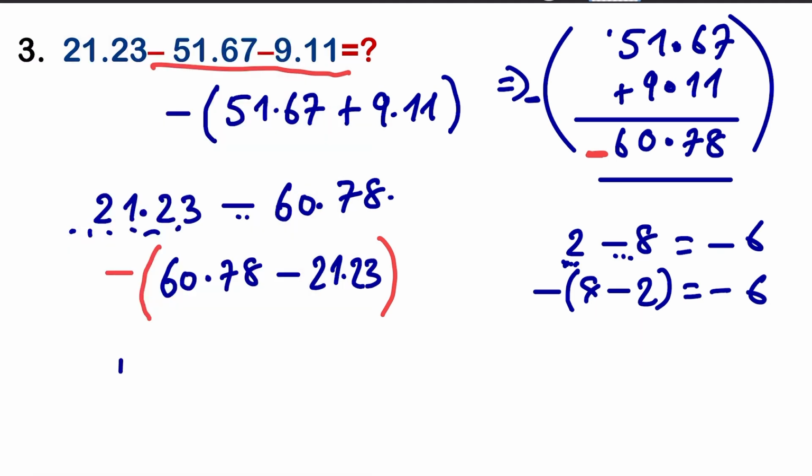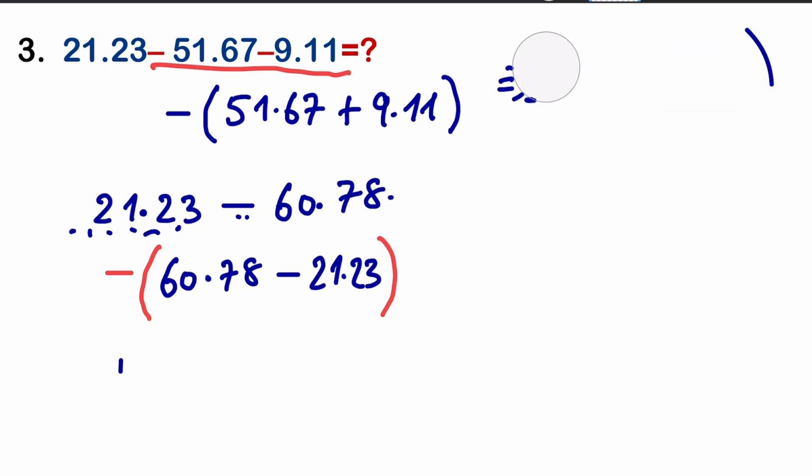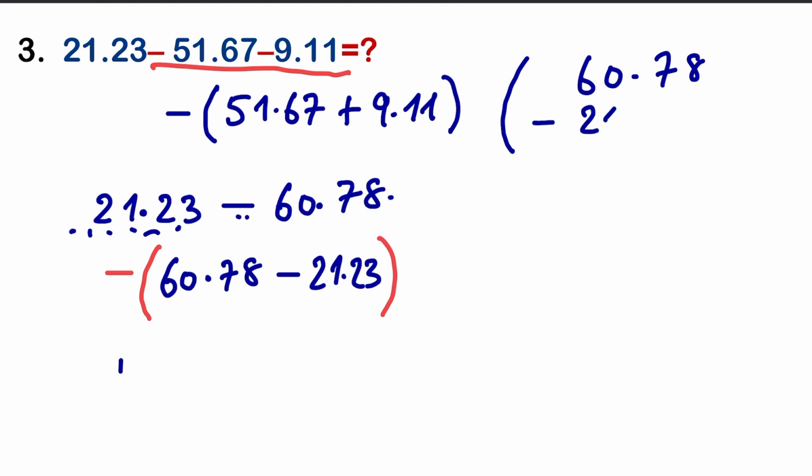Okay, so we're going to simplify it here. I'm going to have a big bracket, 60.78 minus 21.23. Don't forget our minus here.